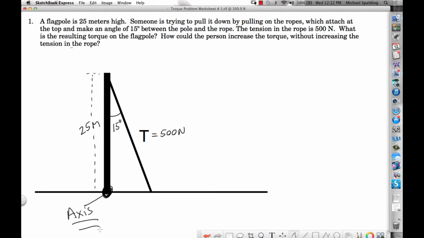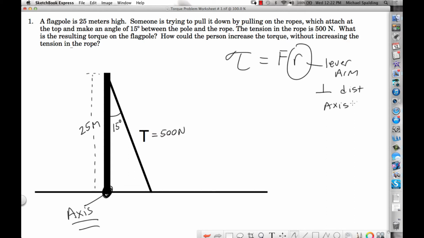Now whenever you do torque problems, you have to have an axis, because why? Well, torque is equal to force times lever arm. This R here is called the lever arm, and the lever arm is defined as what? It's the perpendicular distance axis to force.